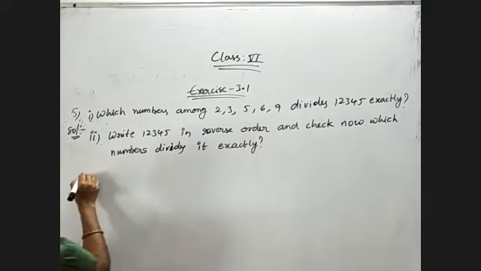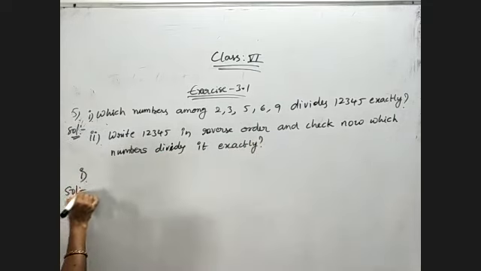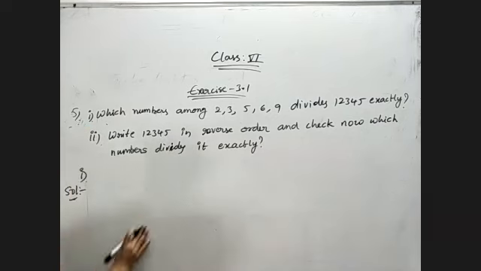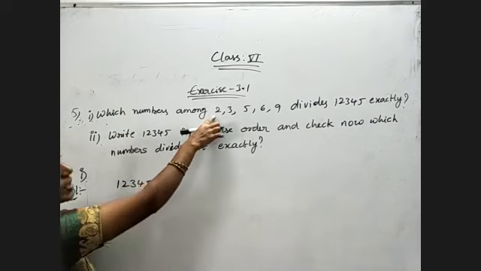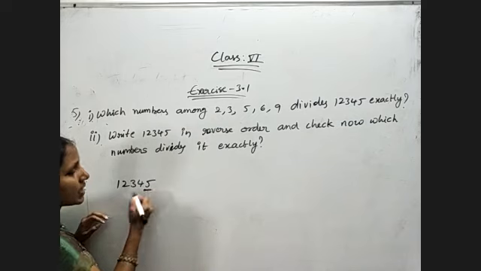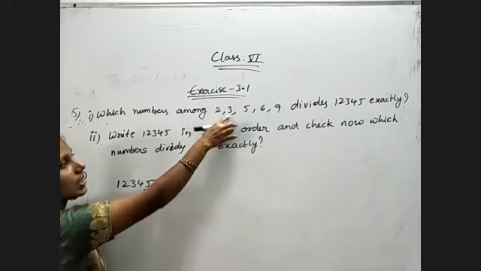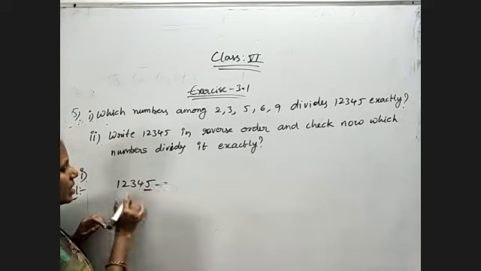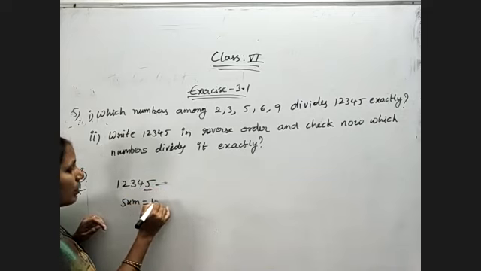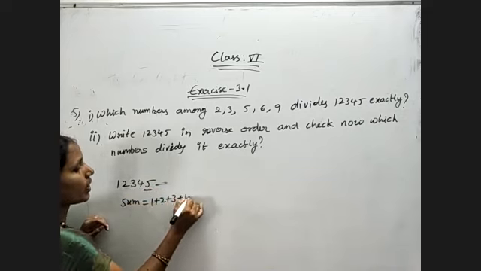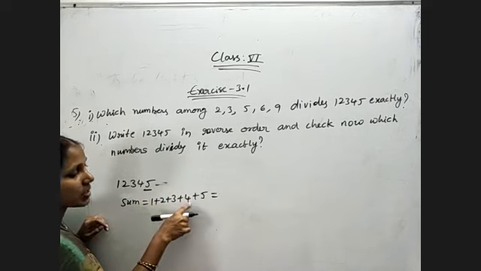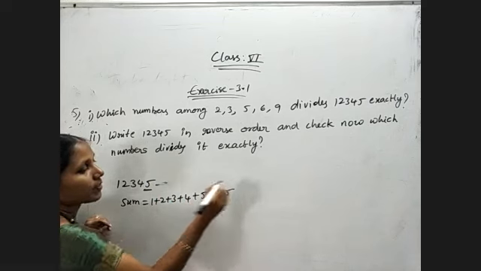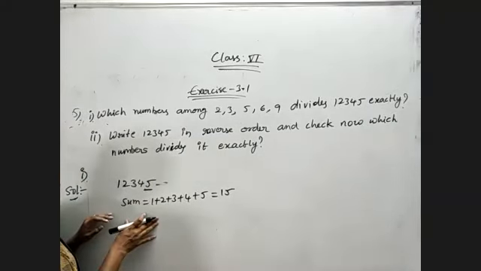Okay, my first question answer is, which numbers among 2, 3, 5, 6, 9 divide 1, 2, 3, 4, 5? So the number is 12345. Divisibility rule of 2. Because 5 is there, it is not divisible by 2. 3. Sum of the digits, how much will we get? Sum is equal to 1 plus 2 plus 3 plus 4 plus 5, which is equal to 1 plus 2, 3, 3 plus 3, 6, 6 plus 4, 10, 10 plus 5, 15. 15 is a multiple of 3, so it is divisible by 3.